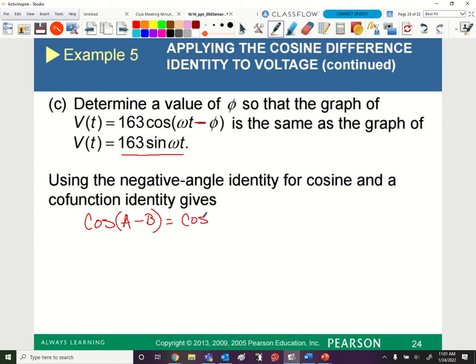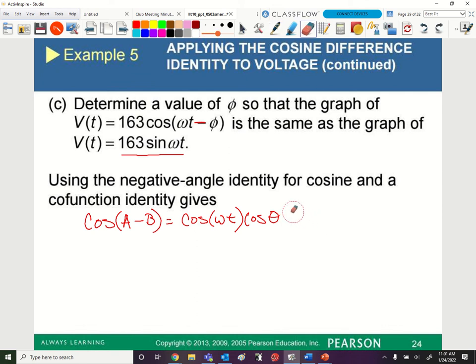Cosine, in this case, is going to become the first one, so that's wt minus cosine of theta sine.